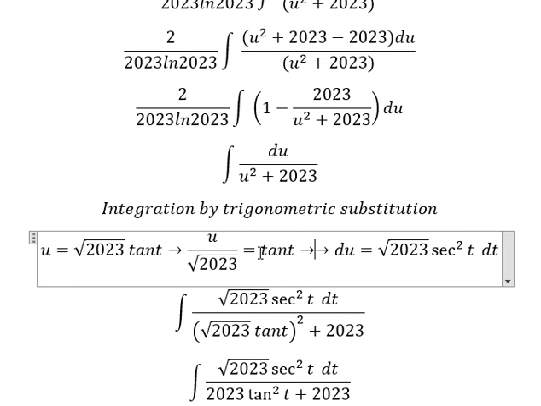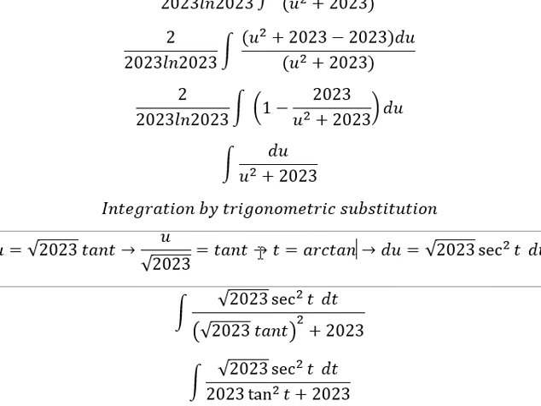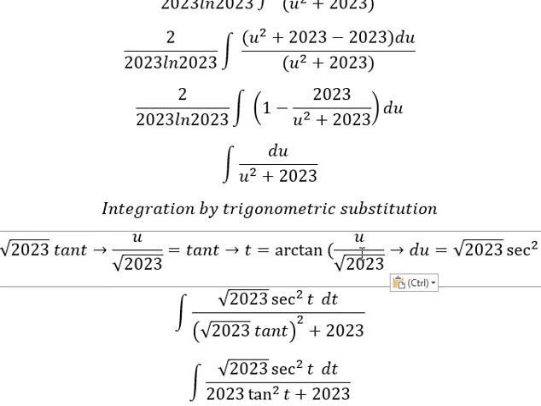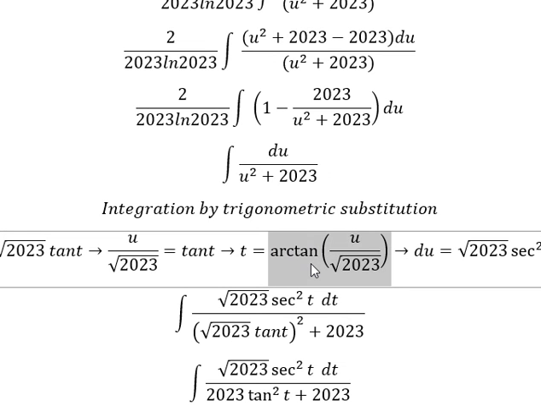And now we got t equal to arctan of this one. So we change this one for t.